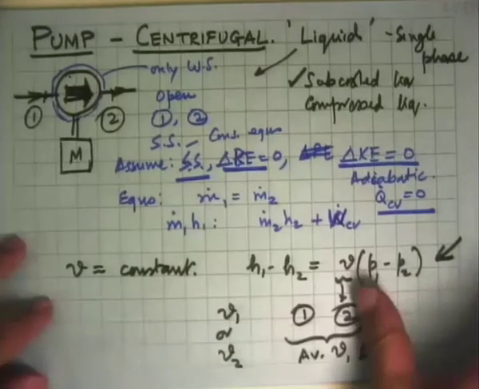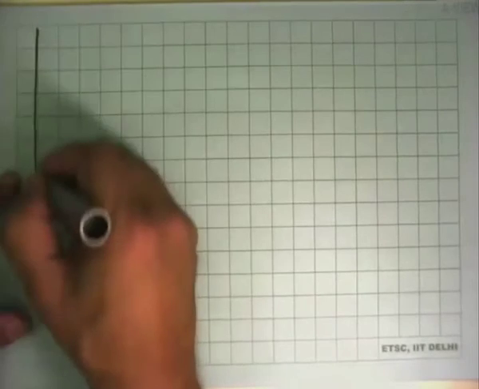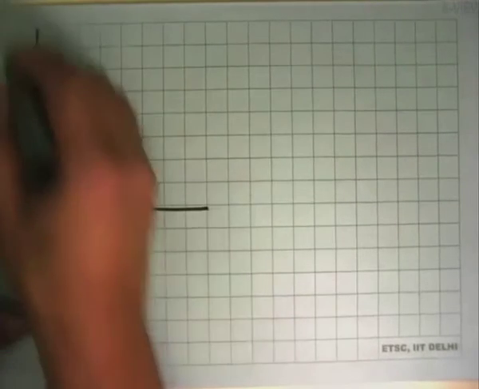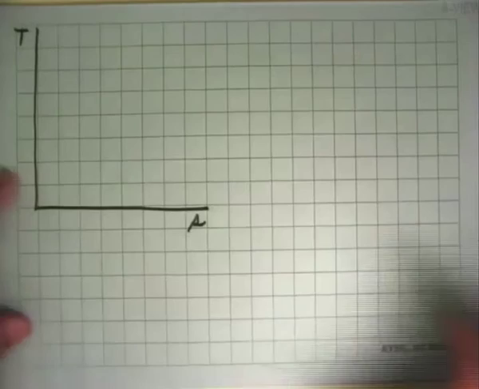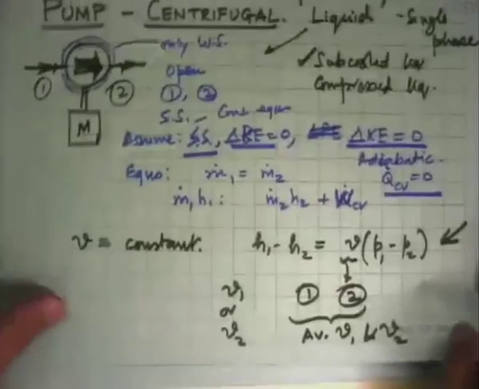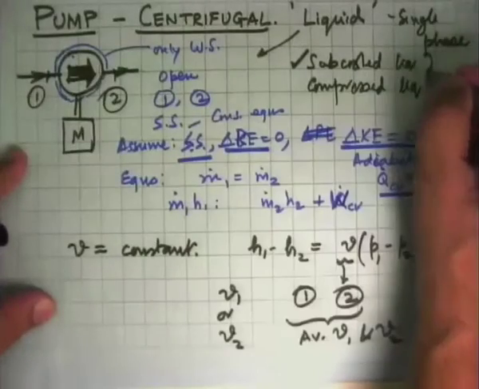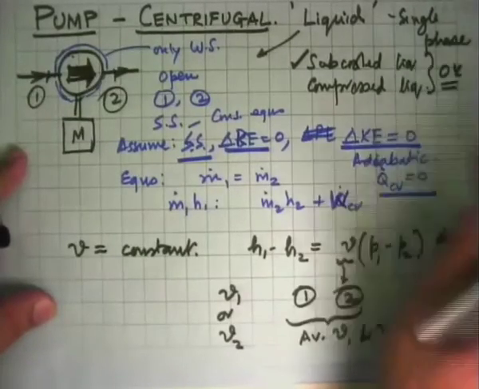And now let's see how we show the process on property diagrams. Okay, this is T-s, and one thing we need to know, we need to mention somewhere or check somewhere that this is valid in the given problem.